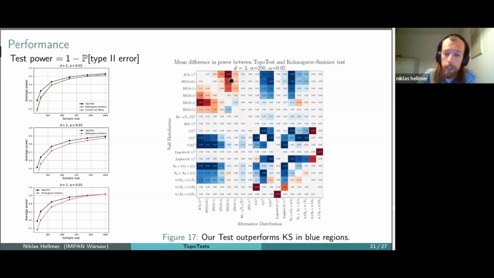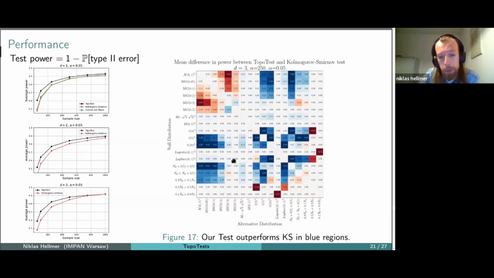So this is something we would still like to understand, why, or what it is exactly. So you see there is a lot of white, a lot of zeros in this plot, where our tests perform equally well, but what's the feature that differentiates the two? And this is something we would like to understand.